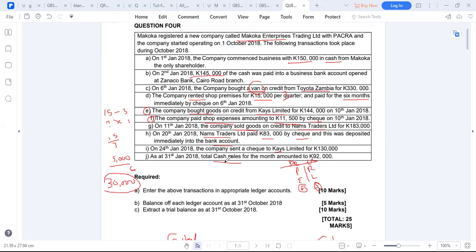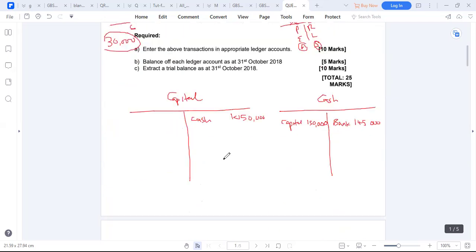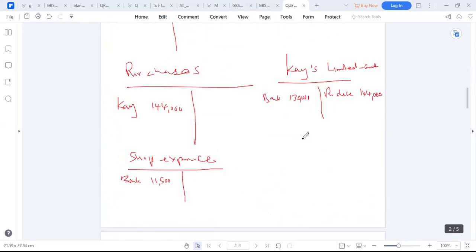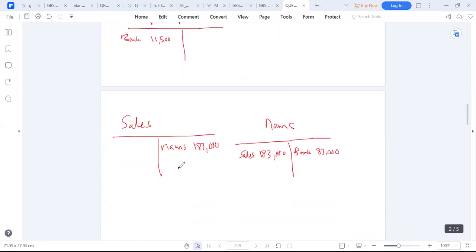We go to cash, we debit cash, 92,000. We go to sales, cash, 92,000.